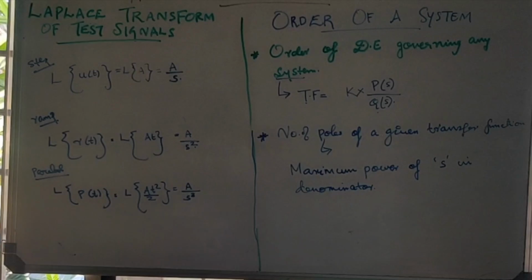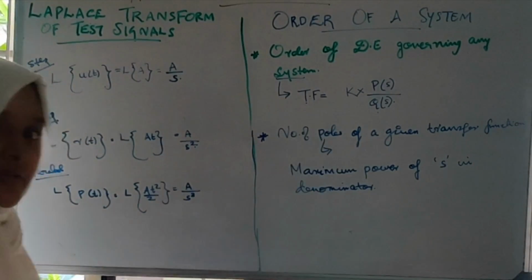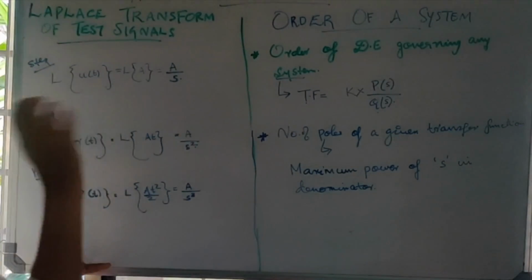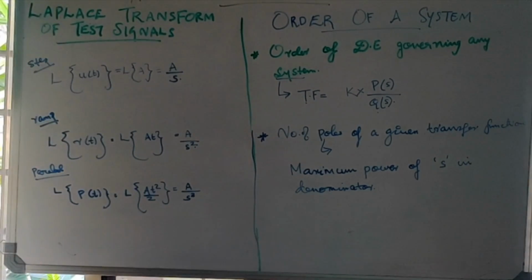So we can say the order of a system is the number of poles of a given transfer function. That is, the order of a system is the maximum power of s in the denominator polynomial.